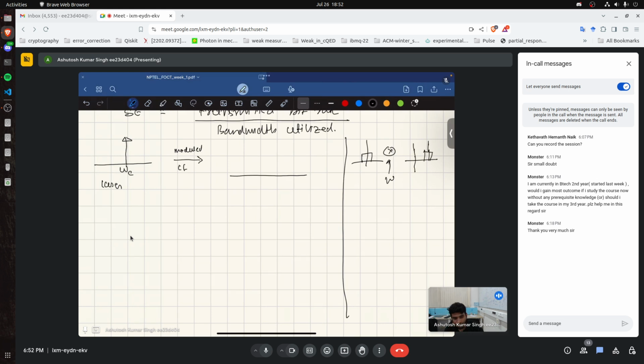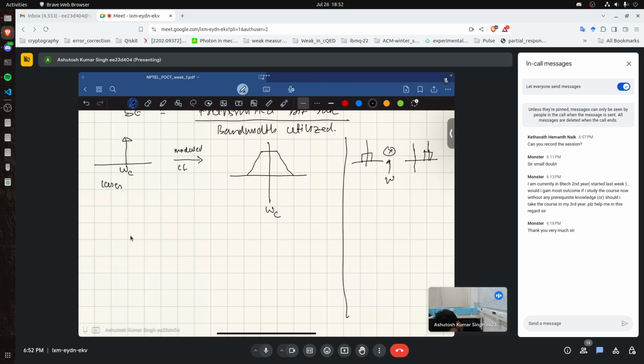So my laser is at omega c, and what happens after modulation is, at omega c, there is a spectrum like this. The shape of the spectrum is just for illustration purposes.